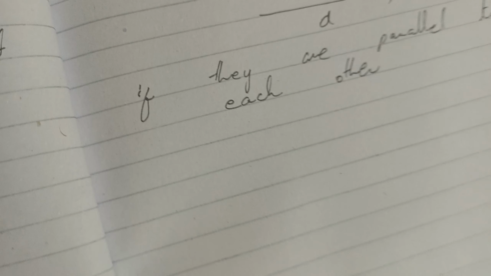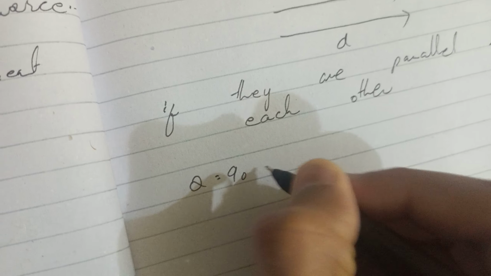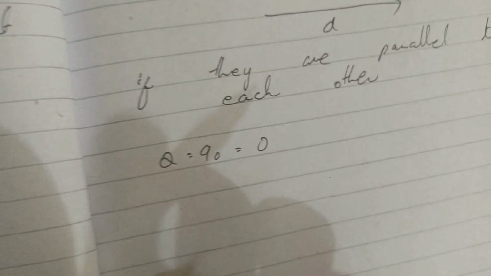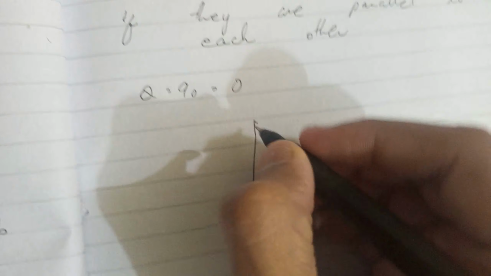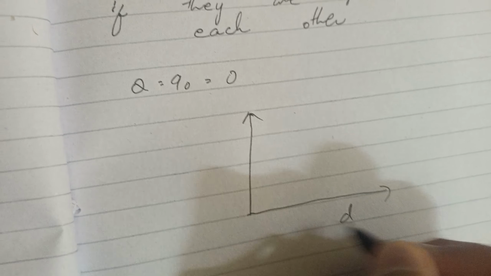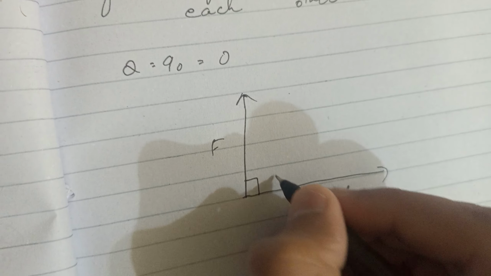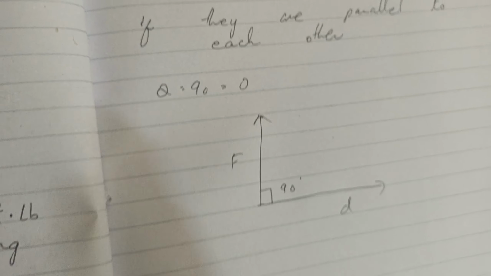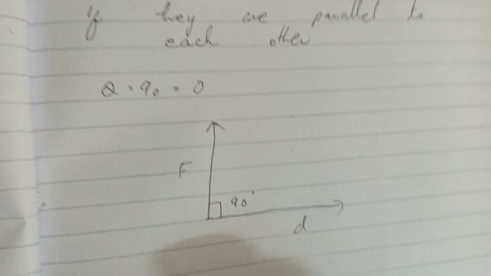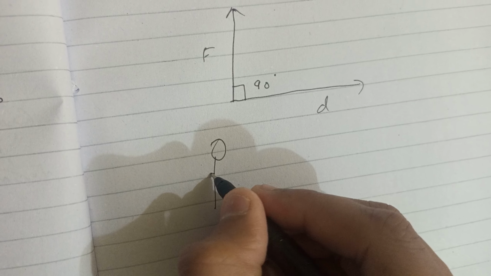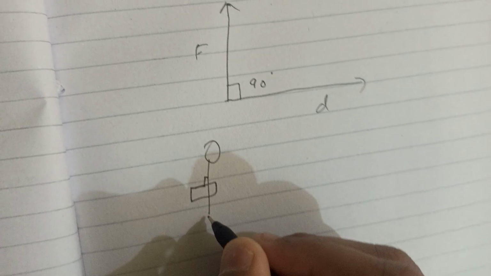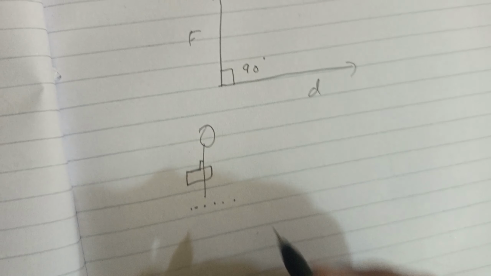Now the second angle is 90 degrees, for which cos theta equals 0. This means the body is doing minimum work. Let me make a right angle first. This is displacement, this is force, and this is an angle of 90 degrees. What can be an example of this? For example, you are holding a bag and you are walking in this direction.